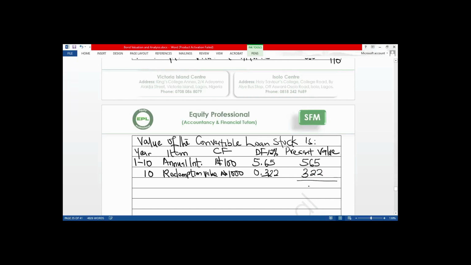Now, please sum up. This should be 887. This is the value of the convertible loan stock as a straight debt. This will give you your 5 marks.